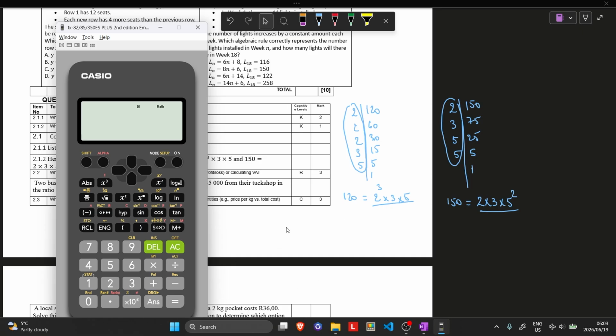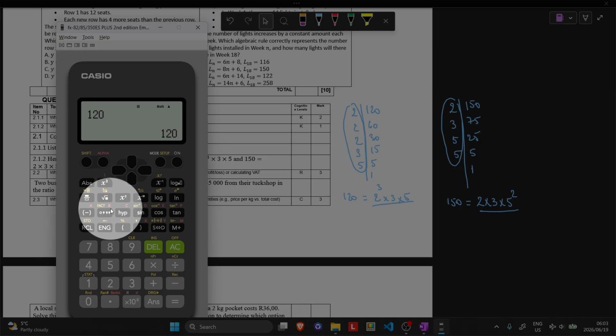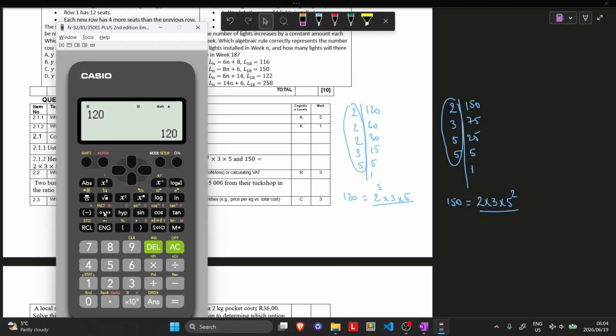So let's say you want to prime factorize 120. We type 120, we say equal. And then right here we've got this button, fact. It is in yellow, so we have to use the yellow shift and say fact. So we've got the factorization of it. That's exactly what we found right here.